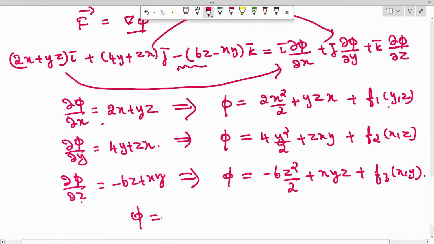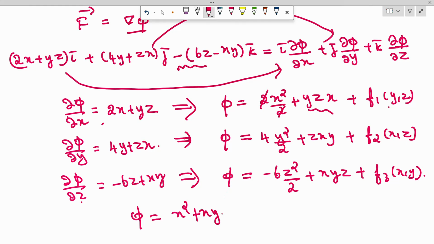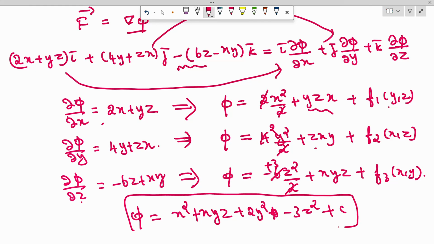Now we are going to write the phi from these three equations. The 2 cancel, we will get x square plus here xyz, remove, plus 2y square, plus xyz already written here, don't write the repeated terms here, plus here which is minus 3z square, plus xyz is there already written, don't write the repeated terms, which is the required one.